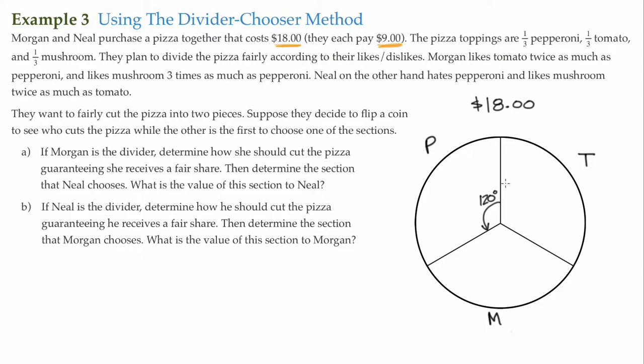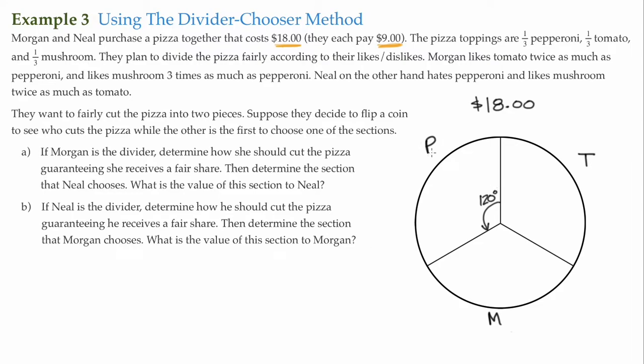So what we'll do is we're going to put the value of each one of these toppings according to each of the players. So here it says Morgan likes tomato twice as much as pepperoni and likes mushroom 3 times as much as pepperoni. So we don't know how much each one is. We just know how much they are in relationship to each other.